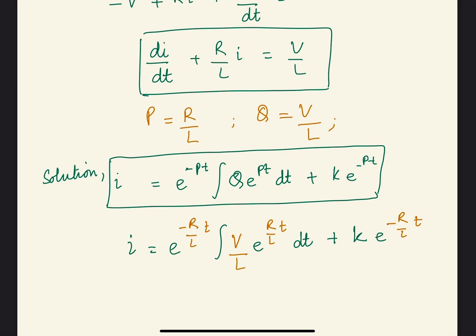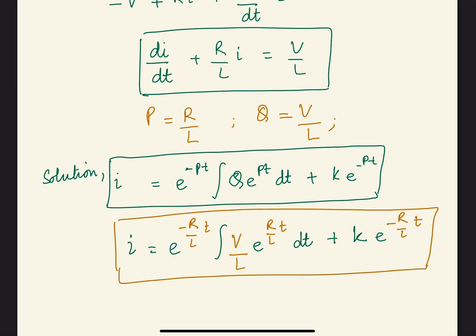Okay, so this term is known as the general solution. Why is it known as the general solution? Because we don't know yet the factor k. K is still unknown.